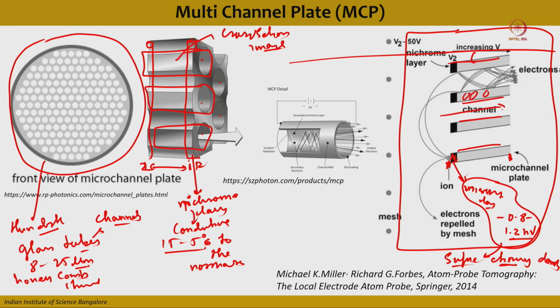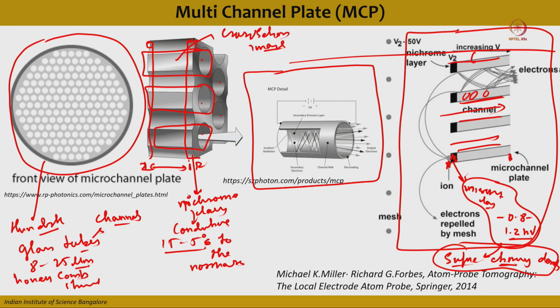So this is your channel, and a very high surface charge density will be created on the surface of the glass tube. In the middle I am showing you one glass tube, which is part of a multi-channel plate, where on application of a negative bias voltage of around 0.8 to 1.2 kilovolt between the front part and the back part, you will induce a very high amount of surface charge density on the glass tube.